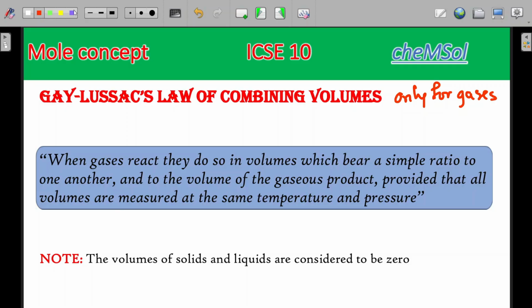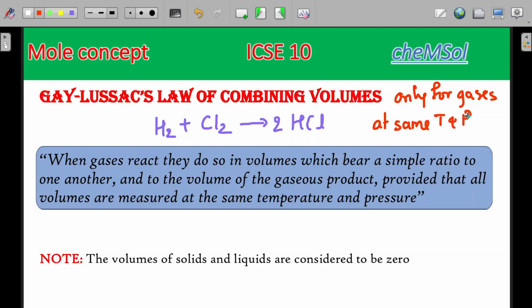Let me explain this with a simple example. See here, you are taking hydrogen gas, reacting it with chlorine gas, you will get HCl, which is also a gas, and when you balance it, 2. So Gay-Lussac's law is telling us that when gases react, you are measuring all of the volumes at the same temperature and pressure.